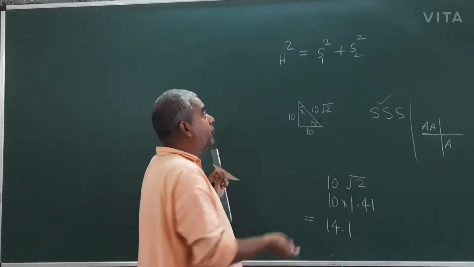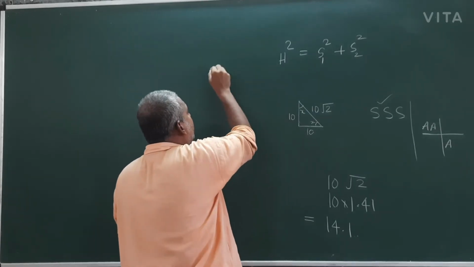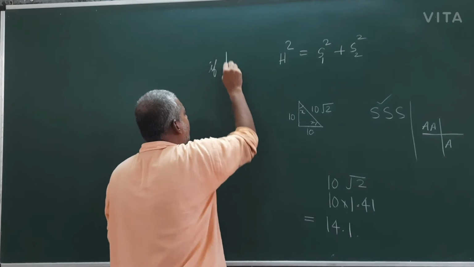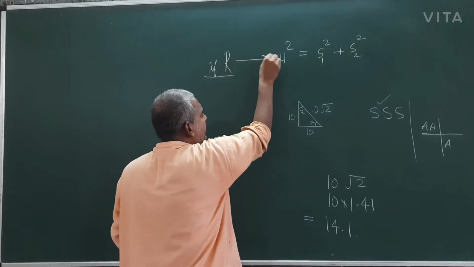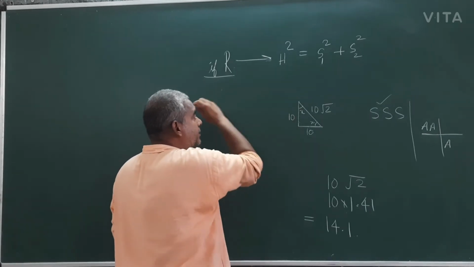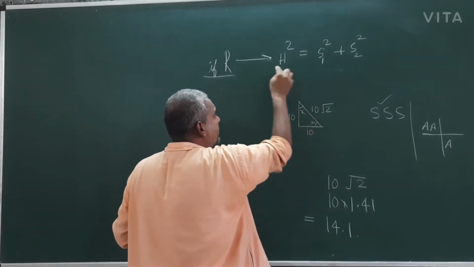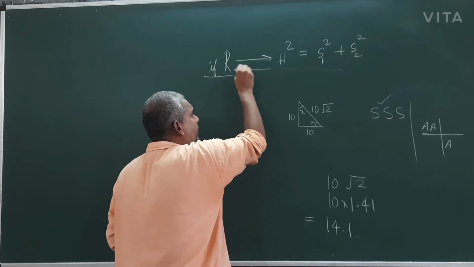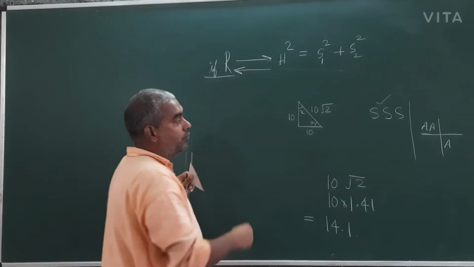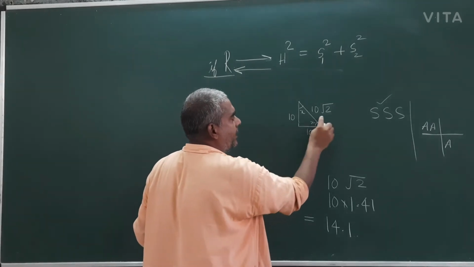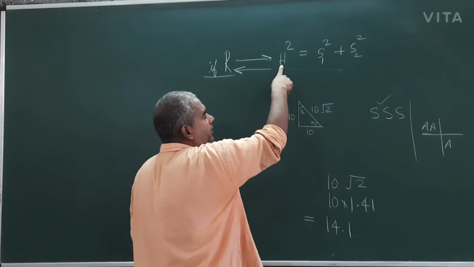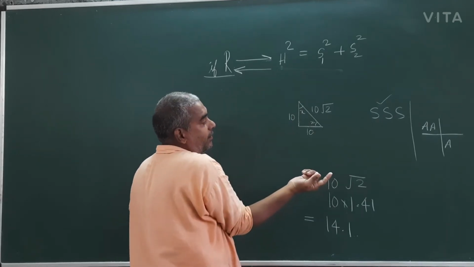The inverse theorem also: if this is a right angle triangle, then this will happen. This is the Pythagoras theorem. The inverse of this: if this happens, then the triangle will be right angled. So we will check. This is 10 square, and the hypotenuse is the largest one. This is a right angle triangle, but which angle is the right angle?